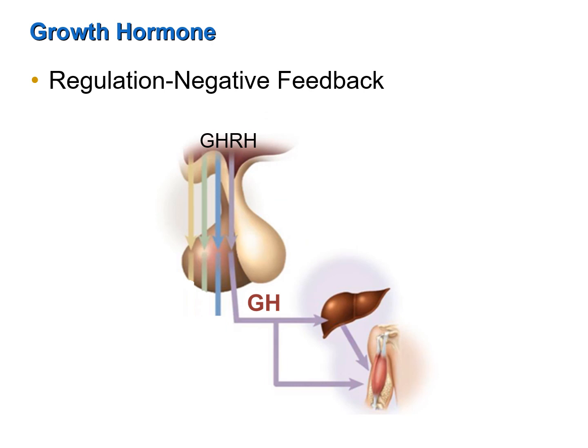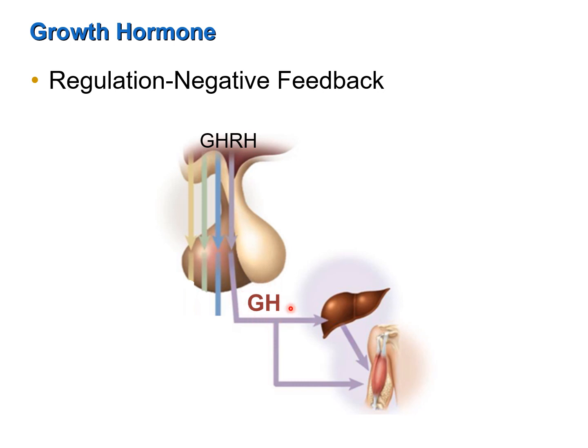Now let's discuss how growth hormone levels in the blood are regulated. So to review, growth hormone releasing hormone is secreted by the hypothalamus. It targets the anterior pituitary gland that then releases growth hormone into the general blood circulation.